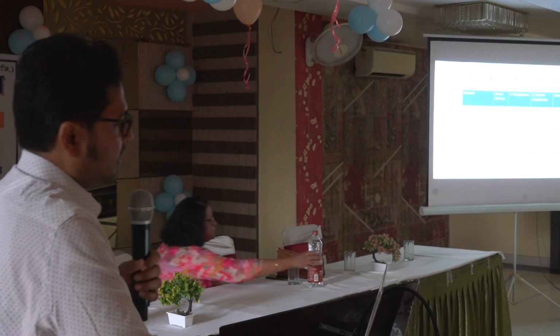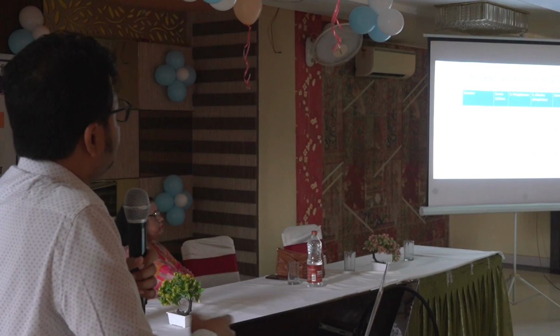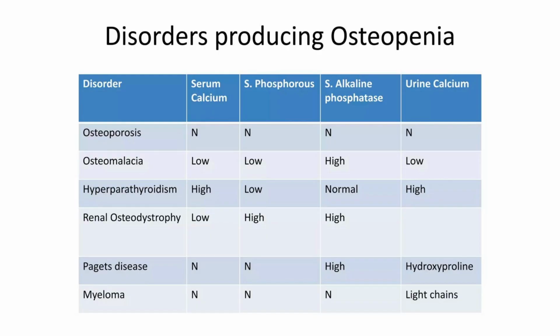This chart is very important. It says that when you do investigation of serum calcium, serum phosphorus, serum alkaline phosphatase, and urine calcium, these are very common pathological fracture causes: osteoporosis, osteomalacia, hyperparathyroidism, renal osteodystrophy, Paget's disease, and myeloma. In osteoporosis, see the first horizontal row: all these parameters are normal.